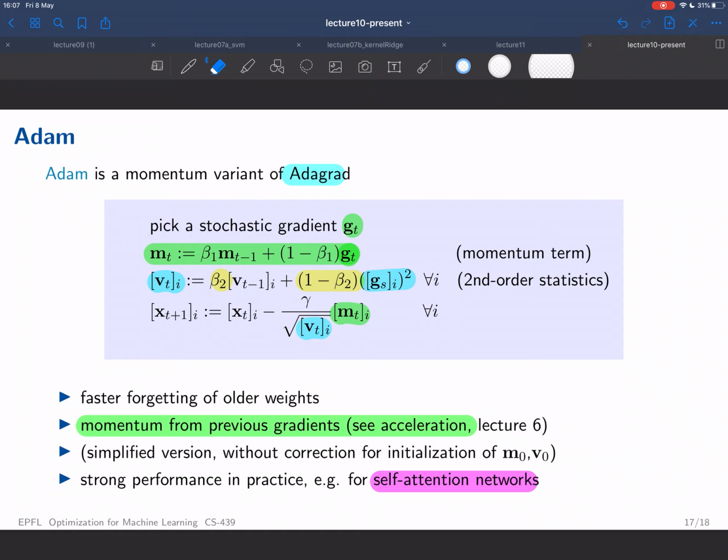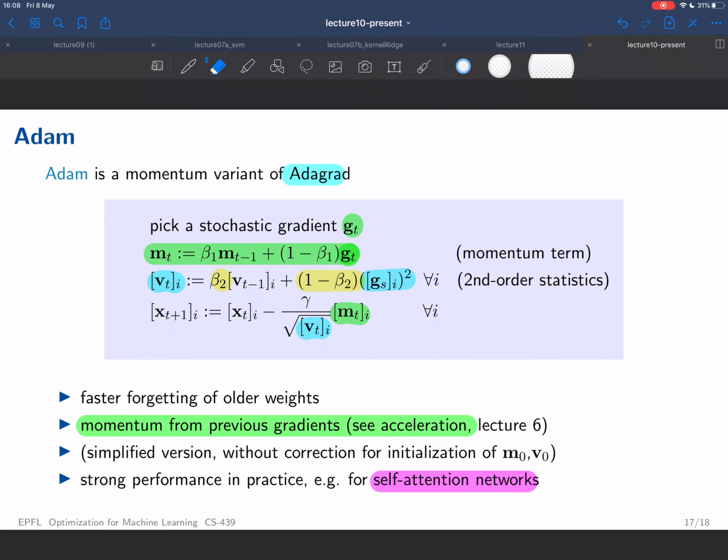Why is that? It's not so clear. This is a big discussion, because SGD can almost always also get the best possible test accuracy. But what people do not like about SGD is that it's very sensitive to which step size you choose.